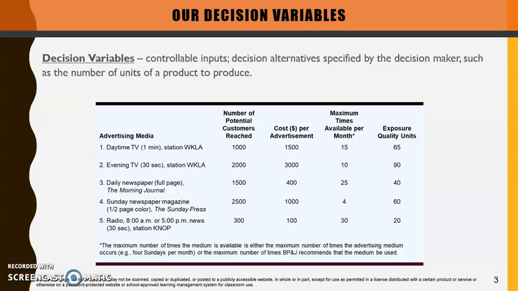So a decision variable must be something that you have control over, not something that is imposed on you, that is forced on you, that is conditioned on you. So the decision variables here are 5, and they specify the number of advertisements that you are gonna do with each medium.